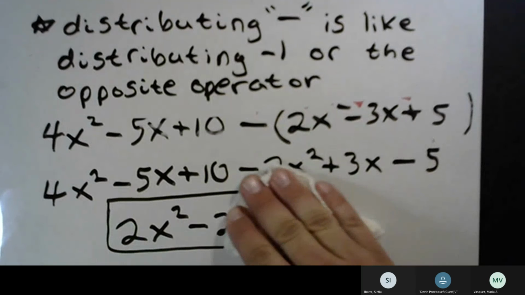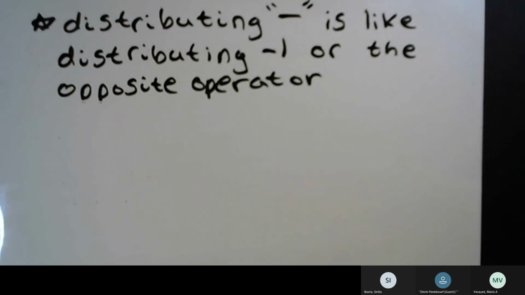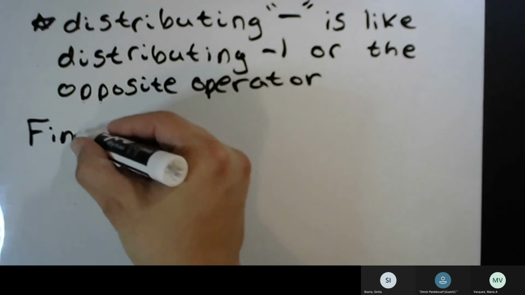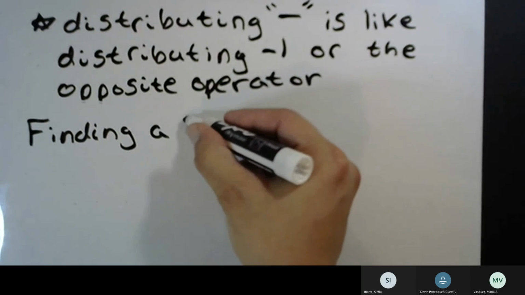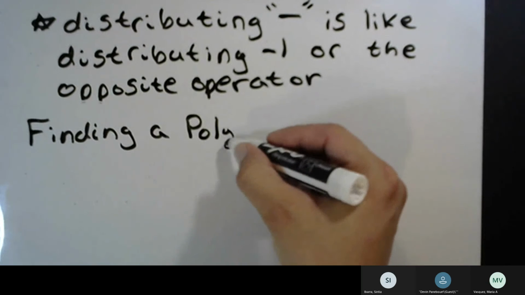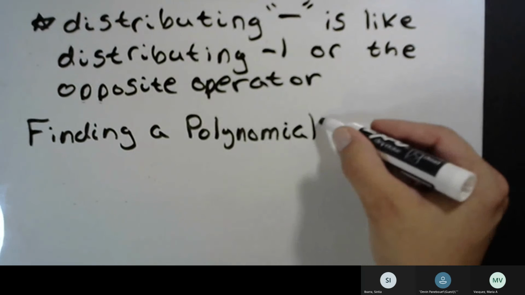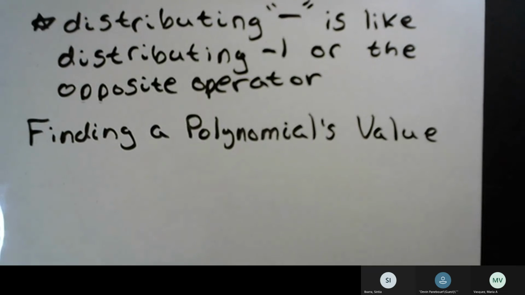So the last thing to mention in this section is finding the value of a polynomial. What we're going to use is this thing called substitution.